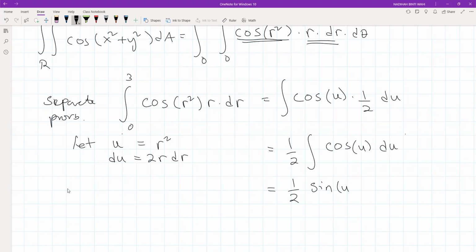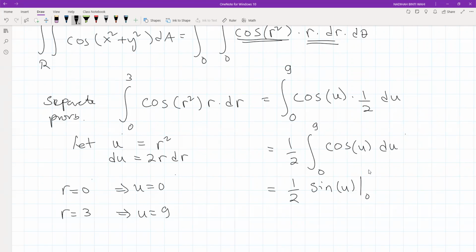Because we have r equals 0, therefore you also start from 0. And for r equals 3, that means u is 9, because u is r squared. So this goes from 0 to 9.